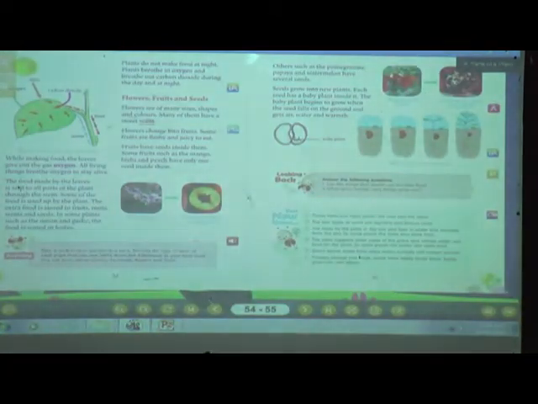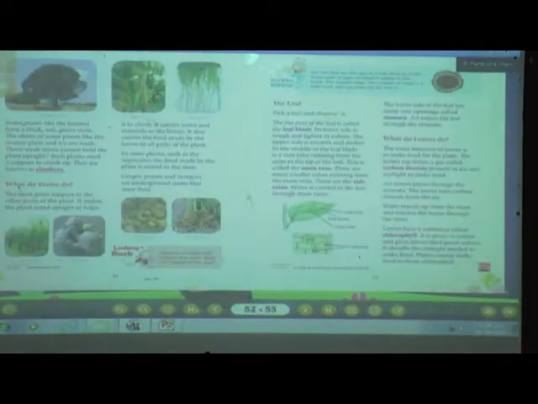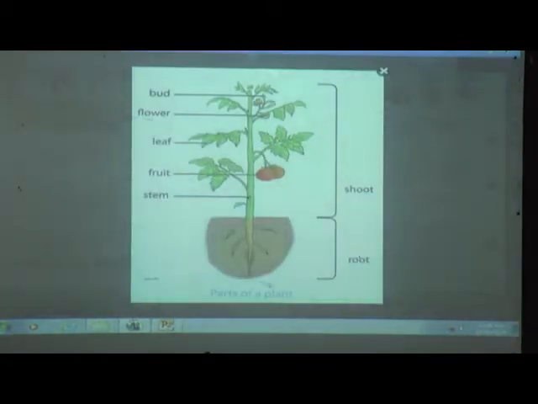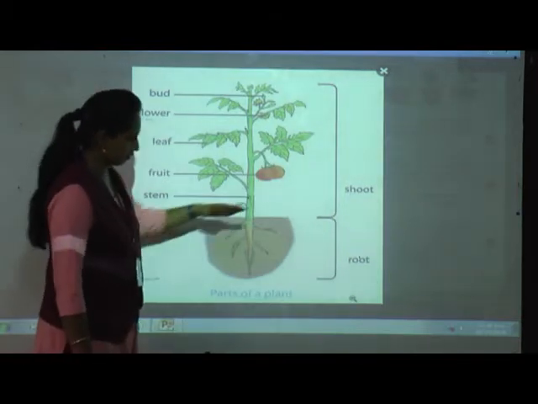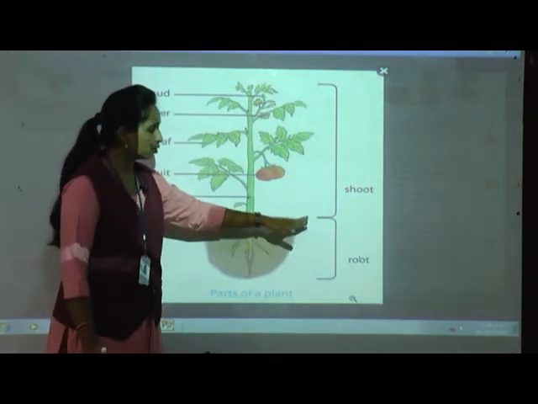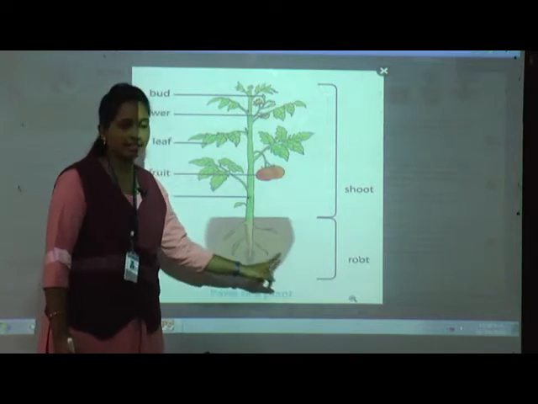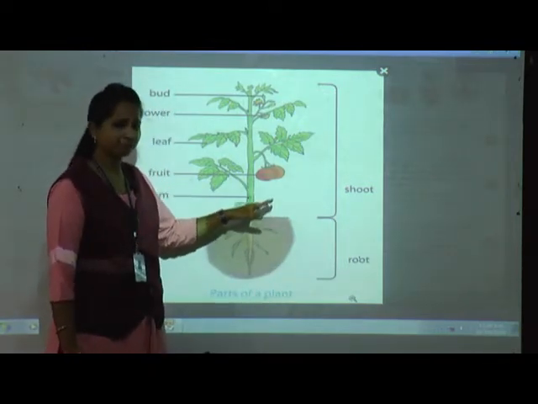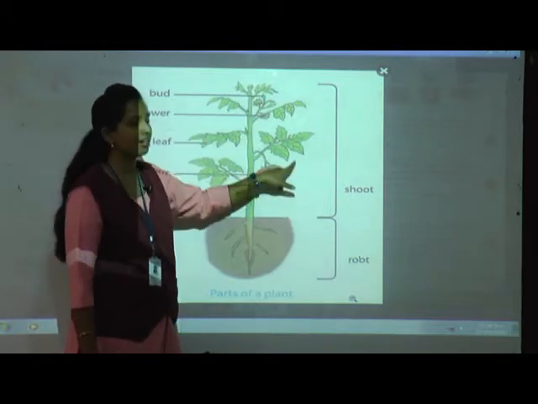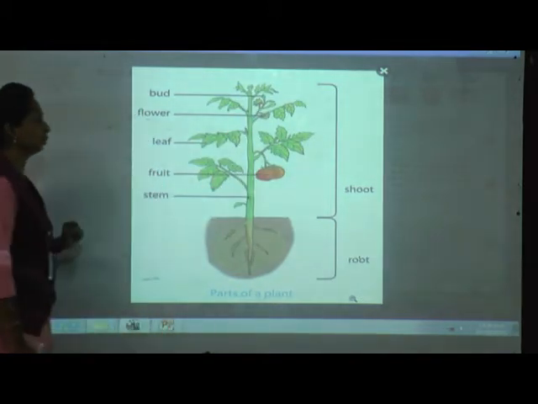I hope you all have understood once again, isn't it? So open your book and just see. Just now we have studied the parts of plants, isn't it? There are two main parts. First is root, the second is shoot. Below the soil is the roots, and above the soil, whatever part is there, is called the shoot.